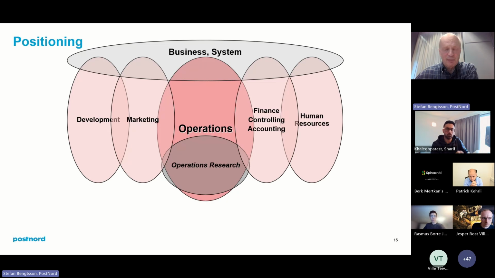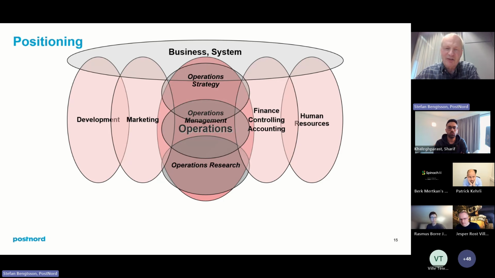Another challenge from the management perspective is where simulation competence is placed within an organization. Too few organizations have the competence to realize the good value simulation could give, but the few that do usually place simulation competence quite far down in the organization. It might be placed in a group working with operations research within the operations division. That's where you in some cases find this type of competence.